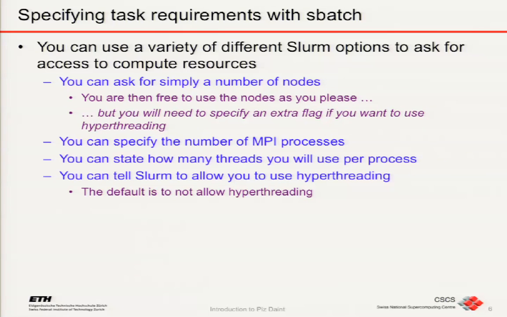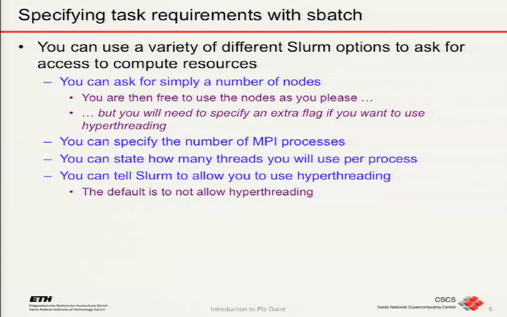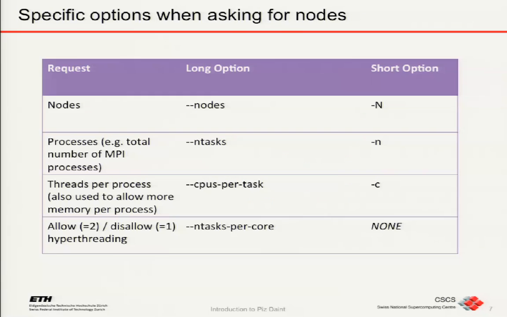That's something we'll find out whether or not is something that we've just installed, put in ourselves, or whether it's something that we can get around. You can specify processes, how many threads, and so on. And as we said, telling Slurm how to use hyperthreading. So the specific options, the one that we're particularly interested in is this thing down here. N tasks per core says whether or not you're going to use hyperthreading.